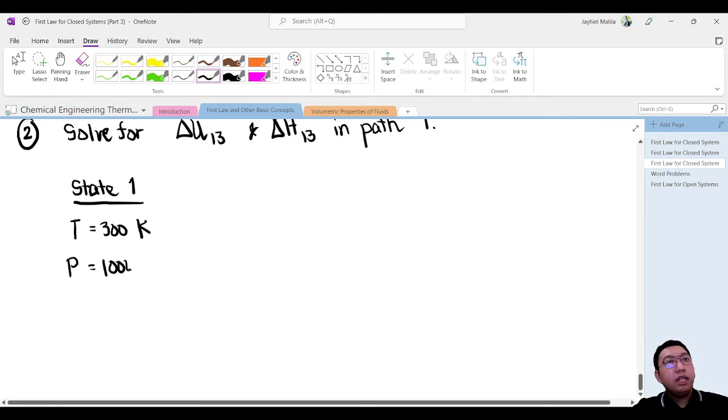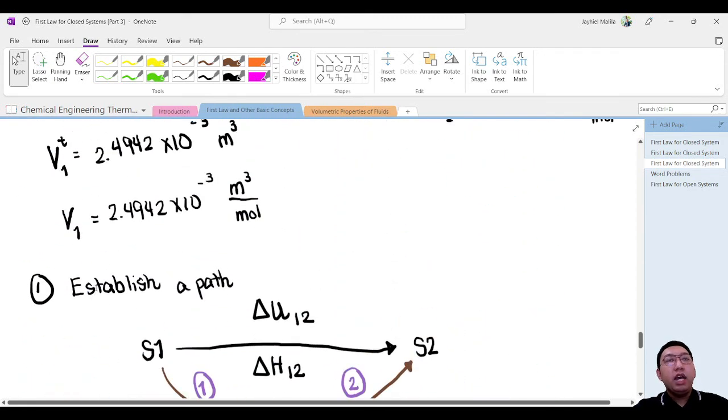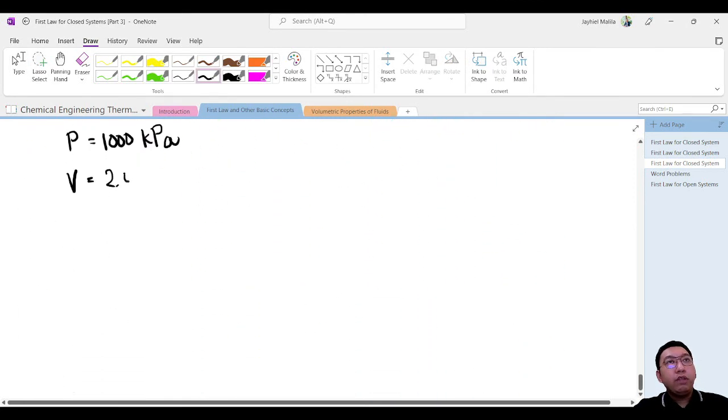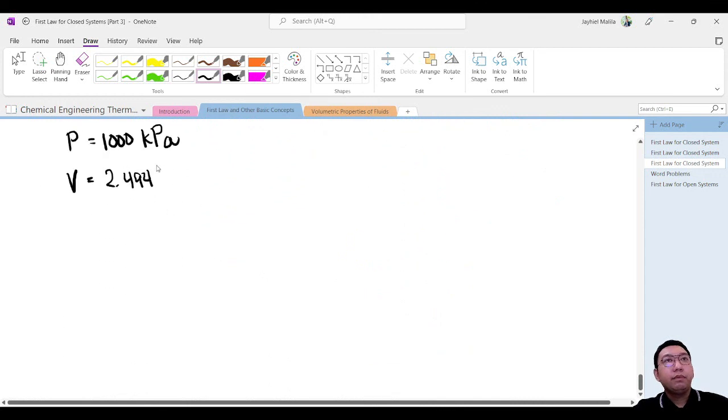P is 1000 kPa, and your molar volume is... So remember that if I refer to a molar volume, I don't write the subscript or superscript. The V here stands for the molar volume, so the unit should have a per mole basis. 2.4942 times 10 to the power of negative 3 meter cube per mole.